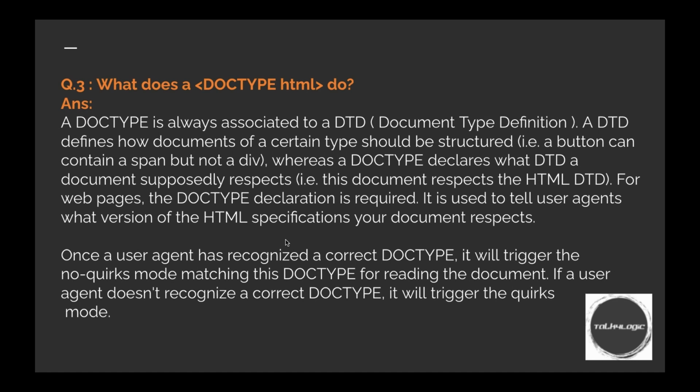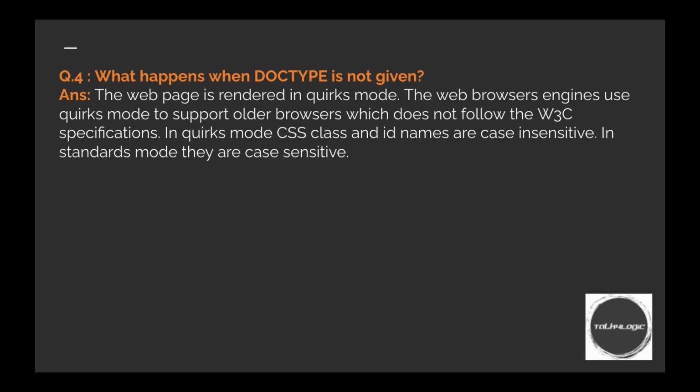Once a user agent has recognized a correct doctype, it will trigger the no-quirks mode, matching the doctype for reading the document. If a user agent does not recognize a correct doctype, it will trigger quirks mode. Now moving to the next question. What happens when a doctype is not given?